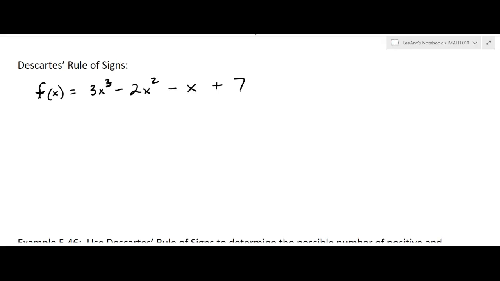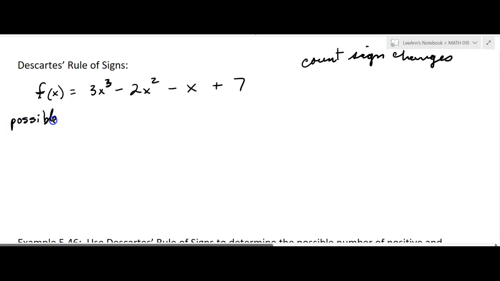Well, what we count is we count the sign changes. So if we want to know the possible positive real zeros, we're talking about the number of possible positive real zeros. You count the sign changes.